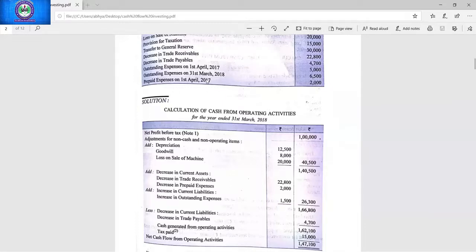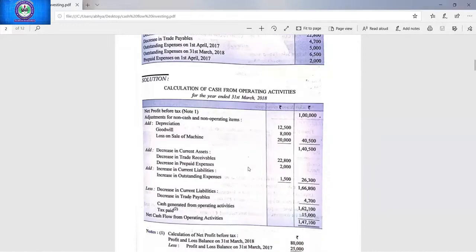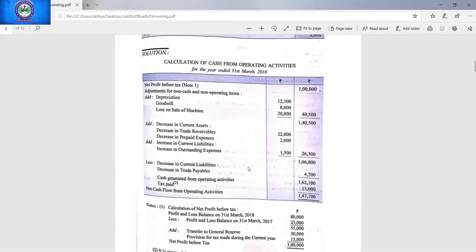It means in the beginning of the year, we had prepaid expenses of rupees 2,000, but at the end of the year, there were no prepaid expenses. So that is the decrease in prepaid expenses, and decrease in prepaid expenses will be added. Tell me, students, is your answer correct? Yes, 1,47,000.